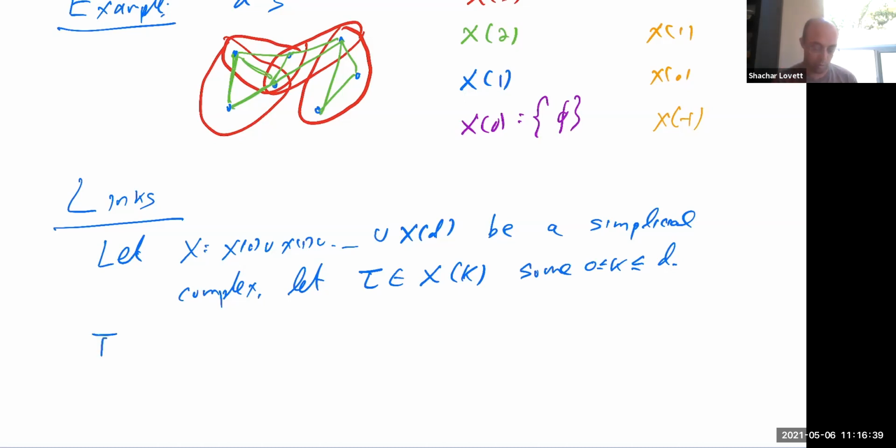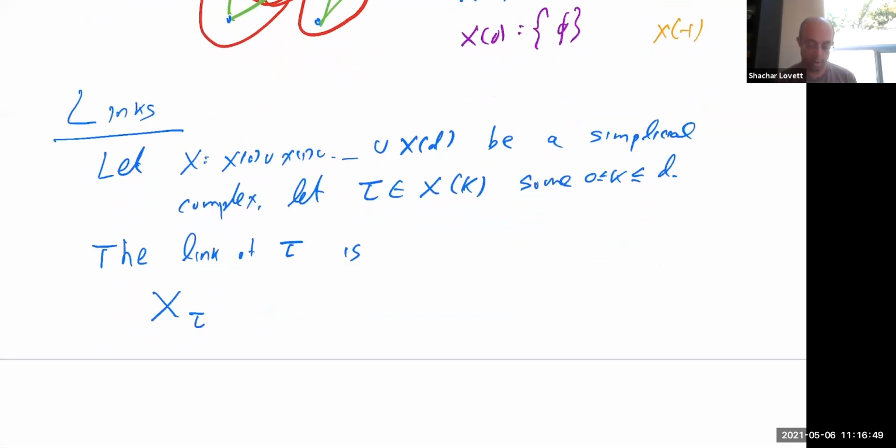So the link of tau, we're going to call it X_tau, so subscript tau, is going to be all these faces sigma such that sigma union tau is in X, and sigma intersected with tau is empty.